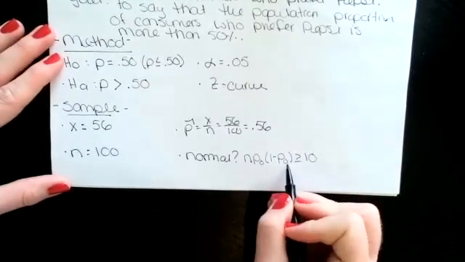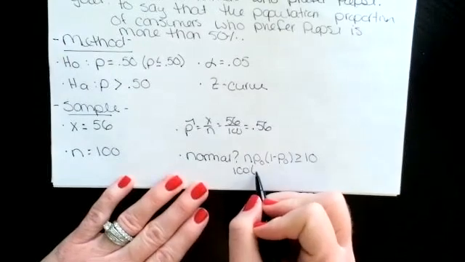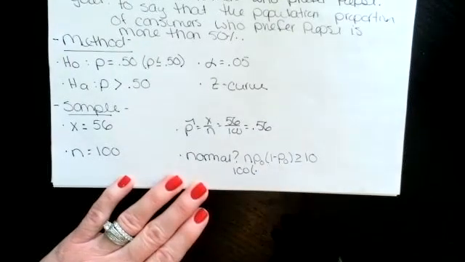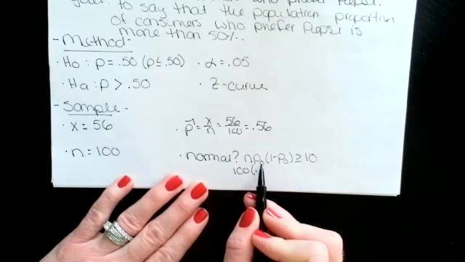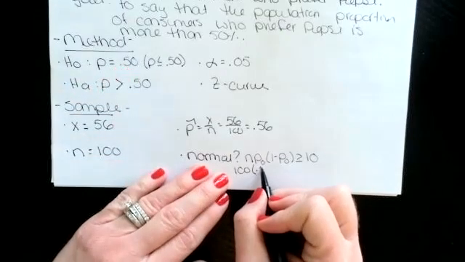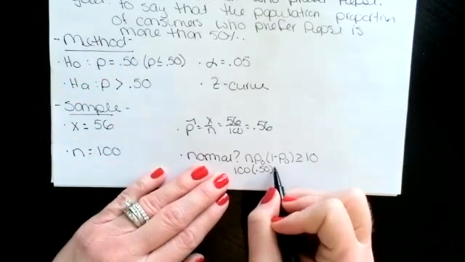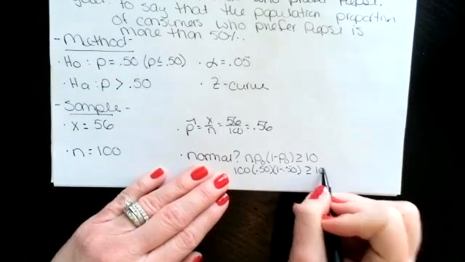Now, for the normality check, you do have to show your work. I want to see what values you're plugging in, and the reason is because people will want to plug in P hat, but it's not P hat, it's P naught. P naught, remember, is the value from your null, which is 0.5. So it's 100 times 0.5 times 1 minus 0.5. And I want to know, is that greater than or equal to 10?